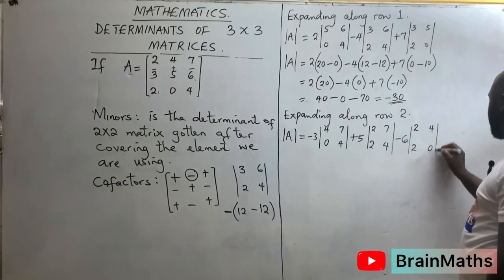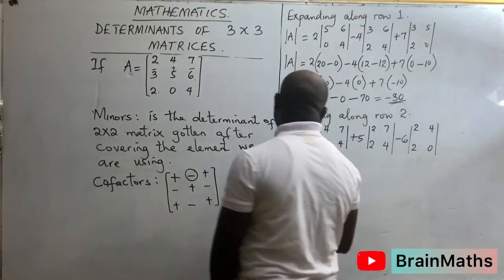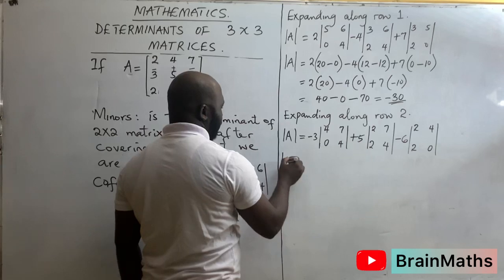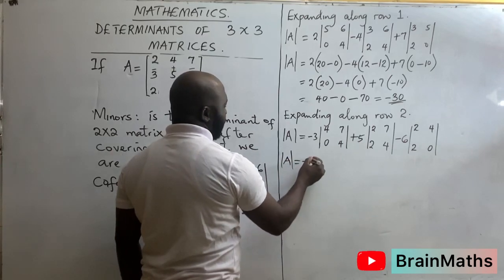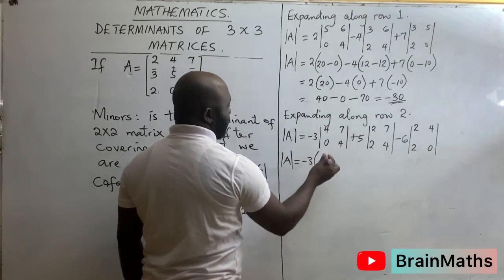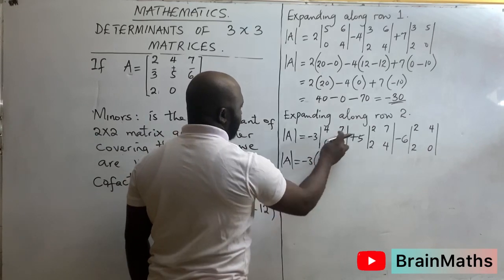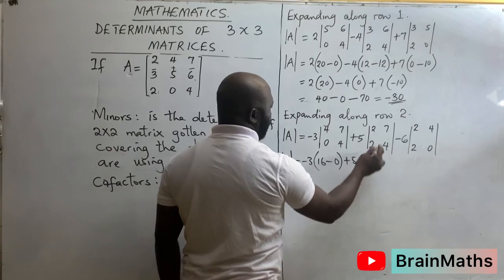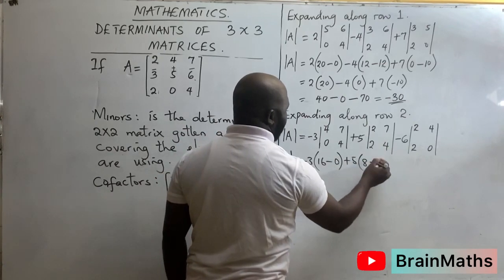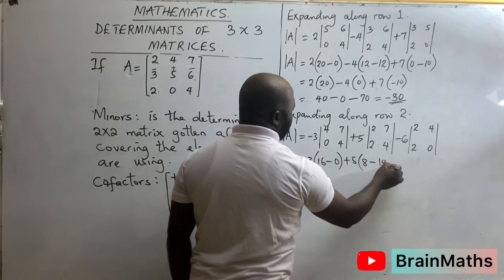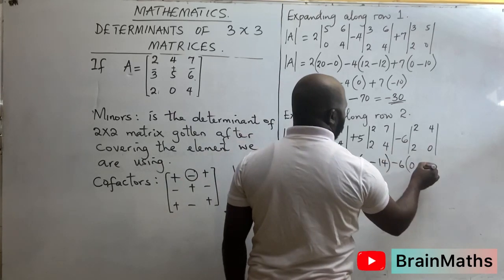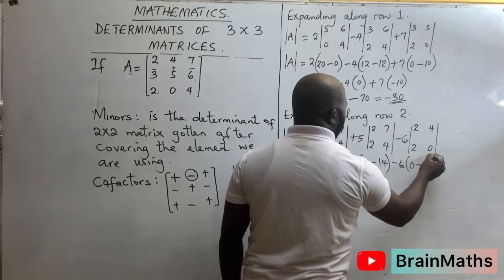Now, let's do justice to this as well. Now, we have the determinants to be minus 3 into 4 times 4, 16, minus 0 times 7, 0, plus 5 into 2 times 4, 8, minus 2 times 7, 14, minus 6 into 2 times 0, 0, minus 2 times 4, 8.